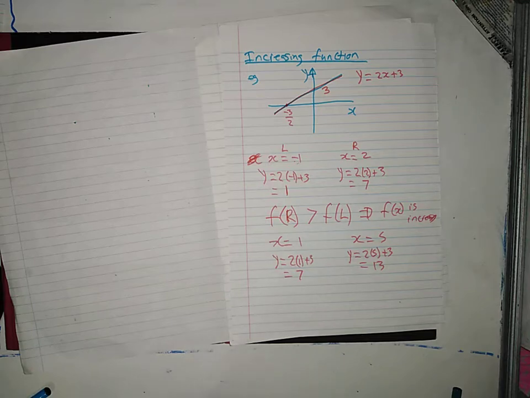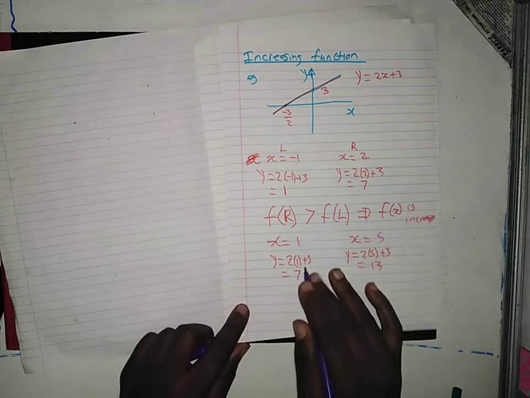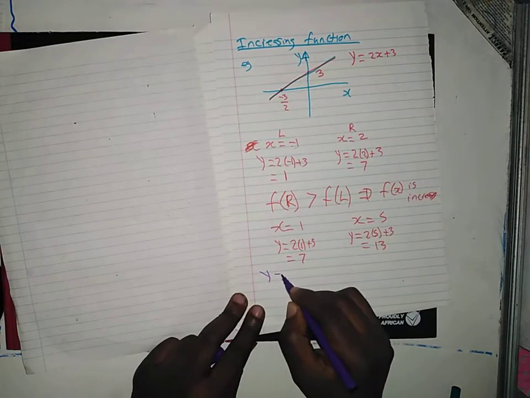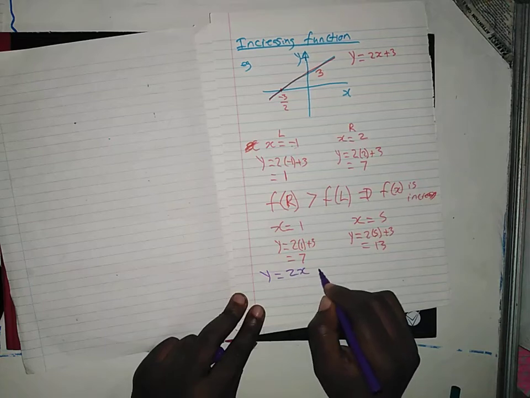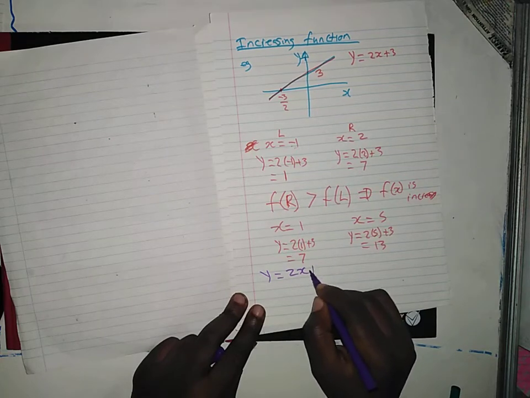But ladies and gentlemen, when you are doing grade 12, there is a very, very powerful tool. And that powerful tool is what? Is a derivative. You can actually use it to see if the function is increasing or decreasing. So in this particular case, you've got y, which is equal to 2x plus 3.